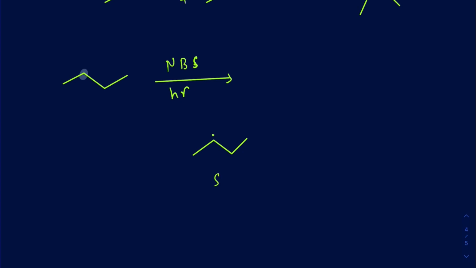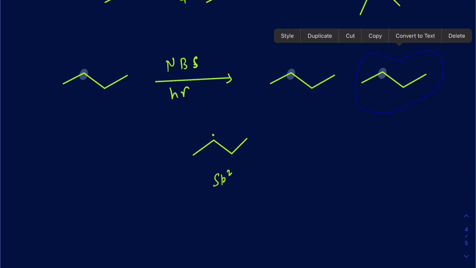So since this is going to have an sp2, when you bring your bromine radical to make the compound, it could do a top or bottom attack. So you have actually the possibility of making an enantiomer in there, because you have almost a 50-50 shot of having these bromines either out of the page or going back into the page. So in that case, you can get racemic mixtures.